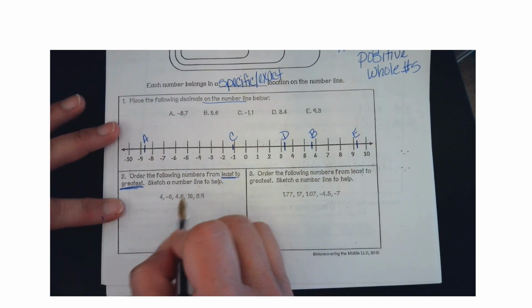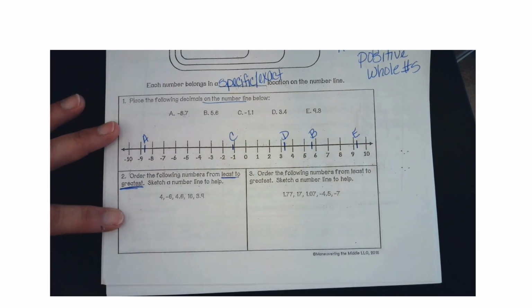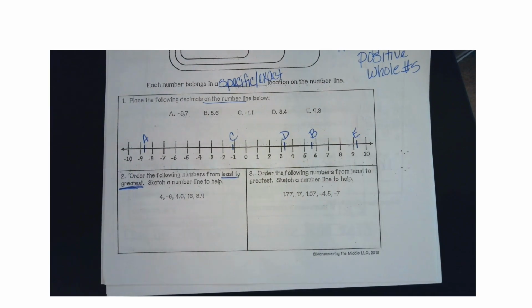All right, so let's look at this. What's something that I always told you guys, if you're dealing with decimals, what should you think of with those decimals? Decimals can be thought of as money, right?